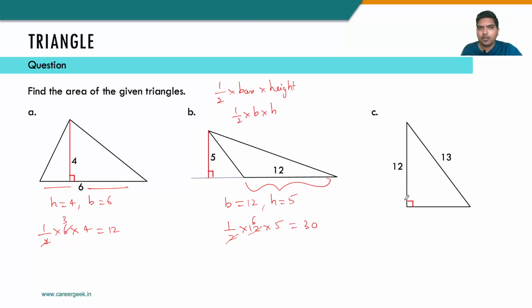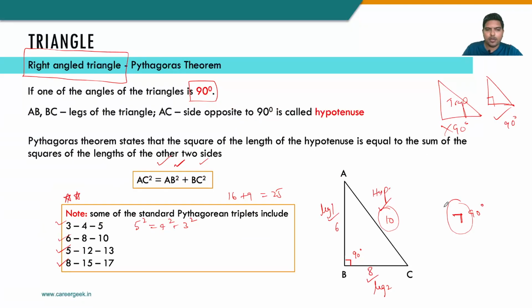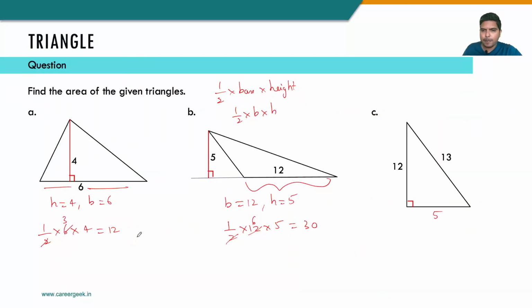So this is a right angle triangle, and 12, 13. So the other one is 5. So we have seen these are the standard ones, 12, 13, 5. So if I know, I can find this out directly, or if I don't know, take this as x and apply the Pythagoras theorem. 169 is equal to 144 plus x square.